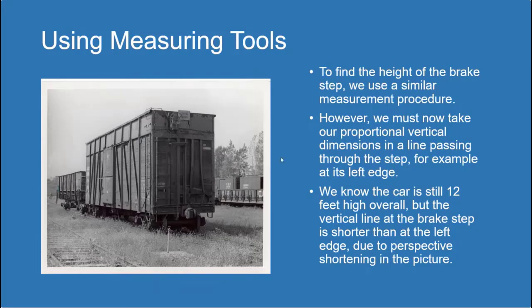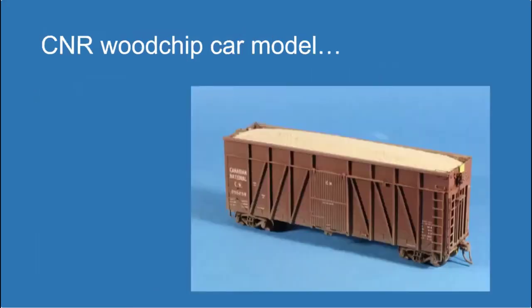You just have to be aware of the effect of proportion as it's changed with the perspective receding to the vanishing points. So here's the finished model that I built a long time ago from these 2 photographs; actually that was all I had.